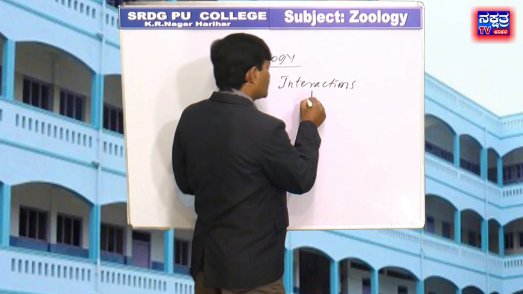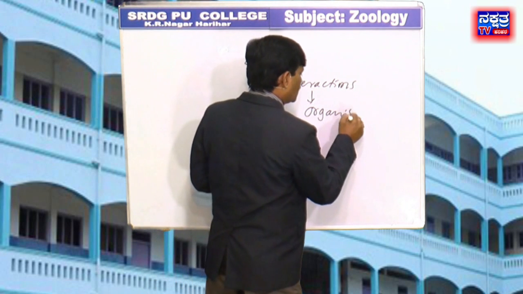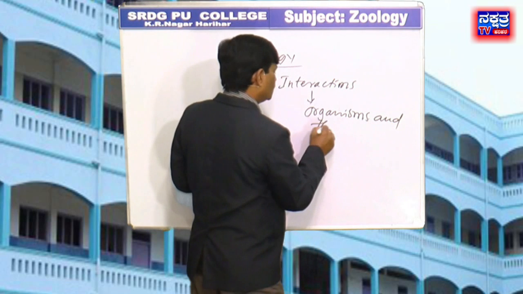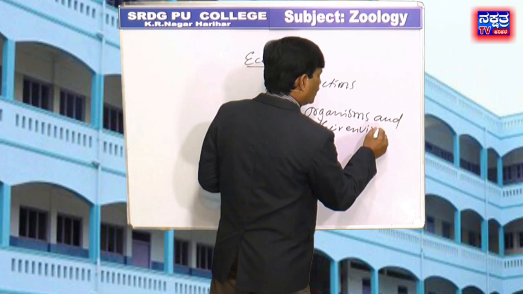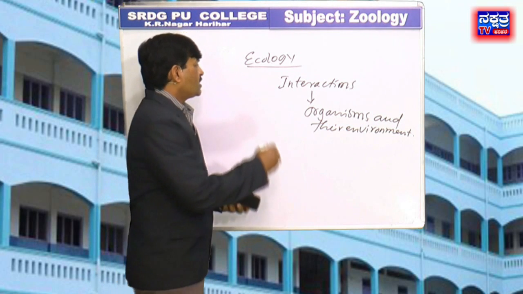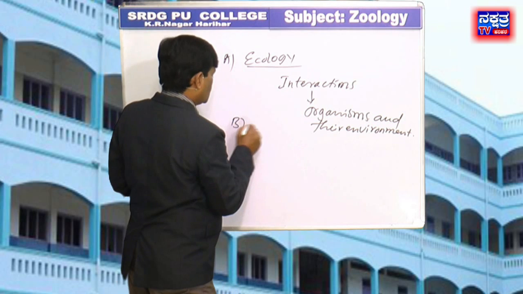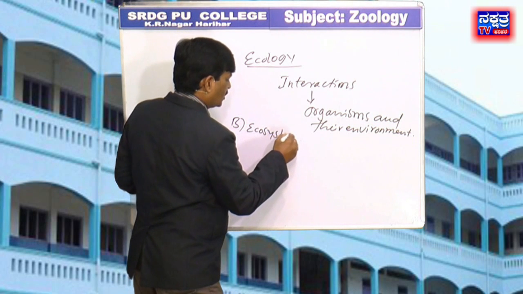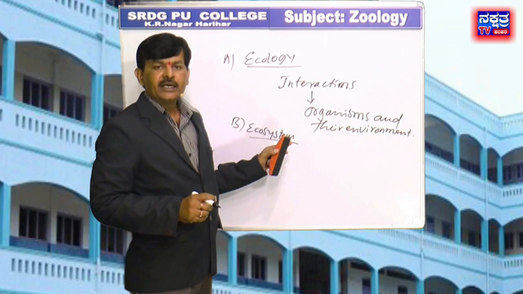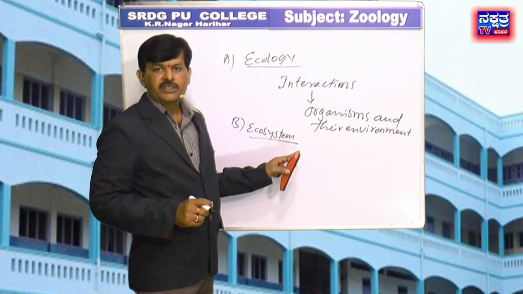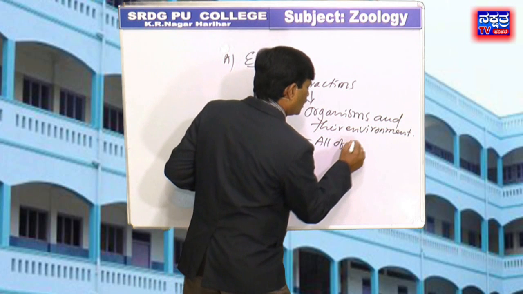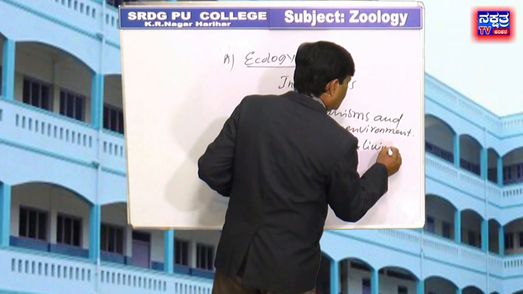among organisms and their environment. But ecosystem includes all of the living things.